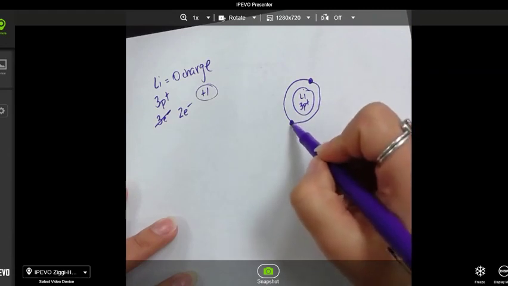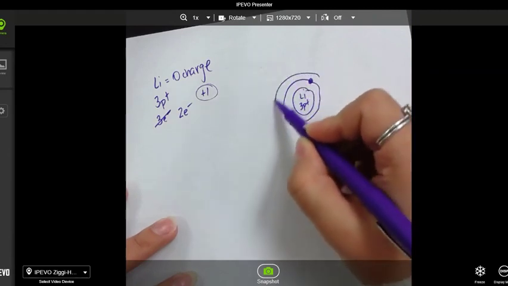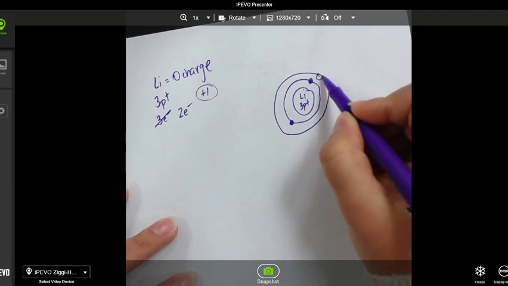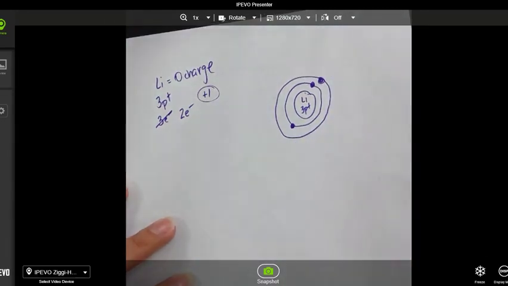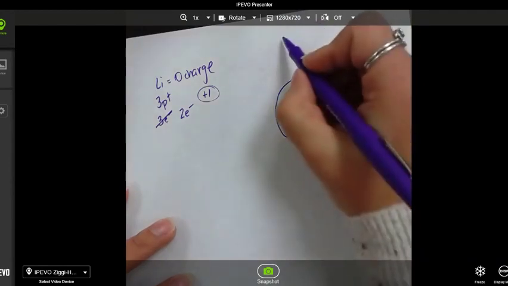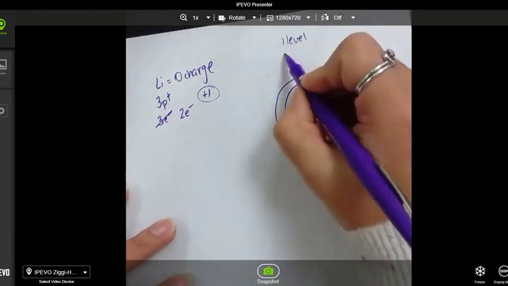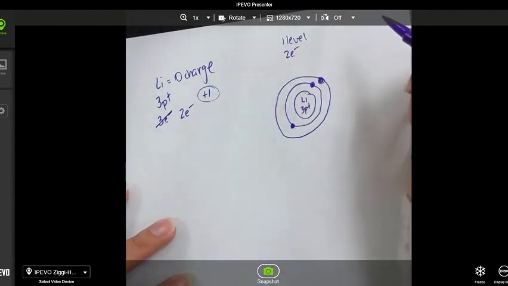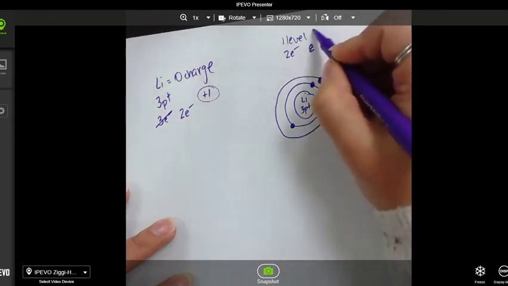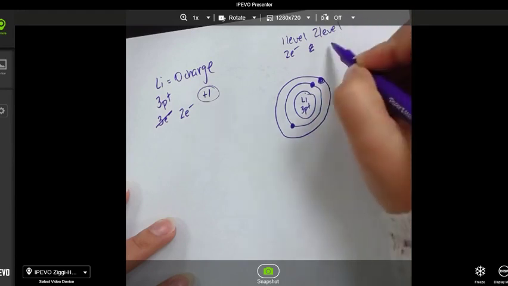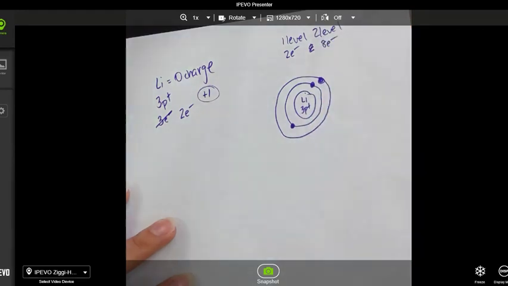So here's lithium's first electron, second electron, so its third has to go in this outer level here. Now, lithium wants a complete outer shell. In the first level, 2 electrons makes a complete outer shell. In the second level and on, they want 8 electrons.